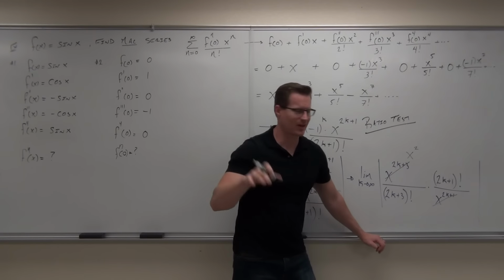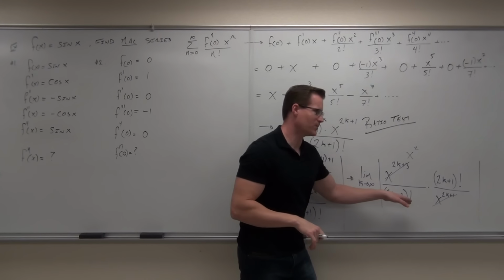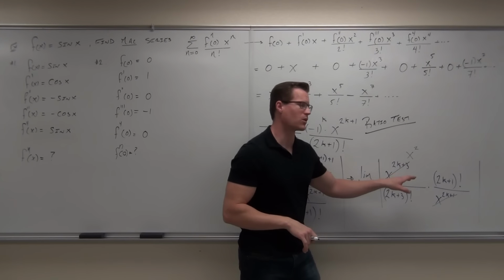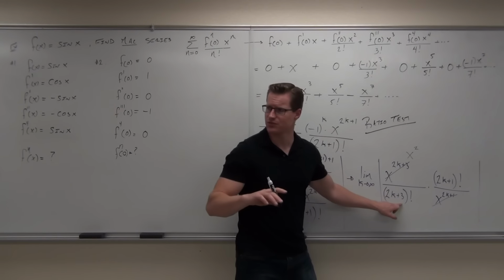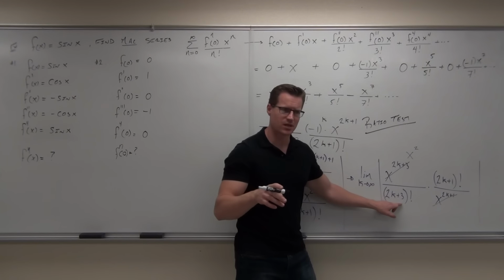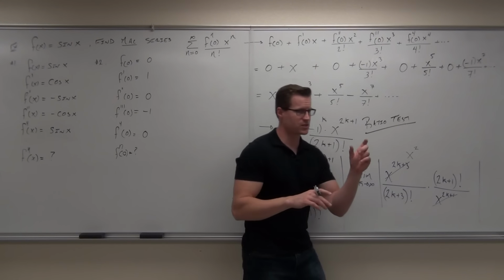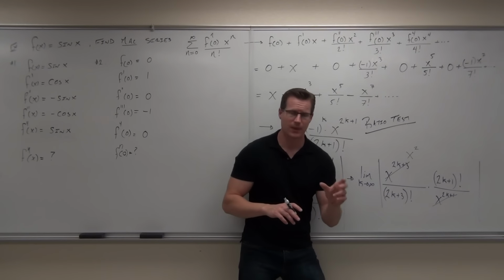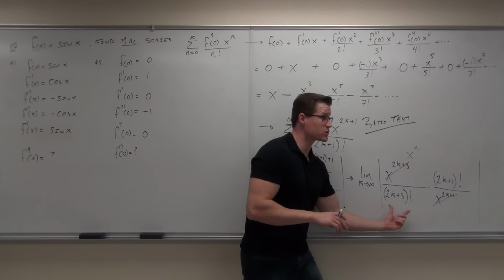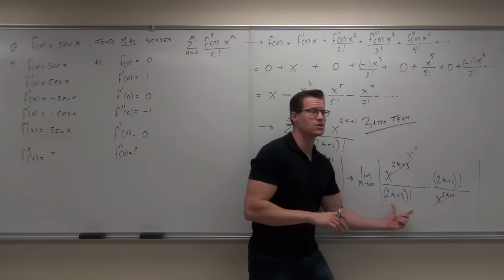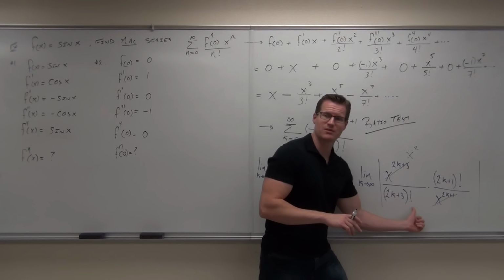Then you get the whole thing, okay? Now, this one's a little weird. We've got factorials. We've done this only one time before. If this is 2k plus 1 factorial, this is 2k plus 3 factorial, think about this for a second. 2k plus 3 factorial means 2k plus 3 times 2k plus 2 times 2k plus 1 times everything below it.